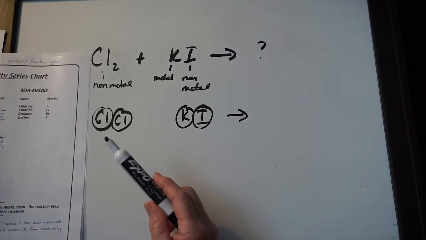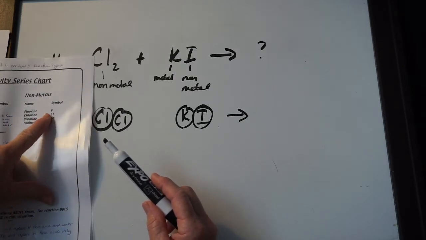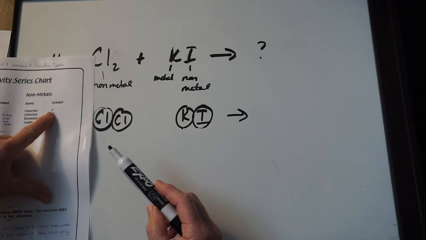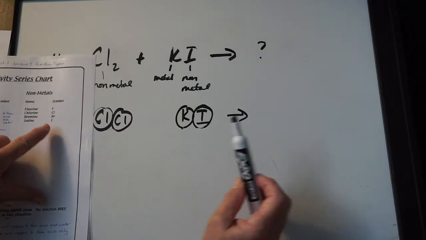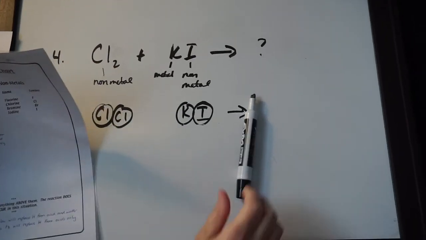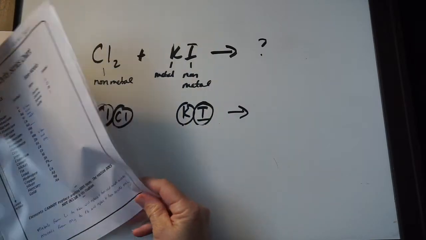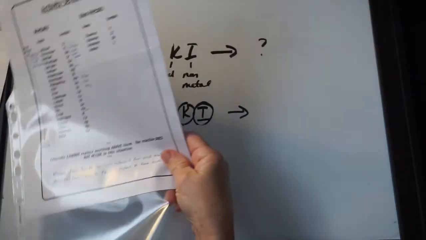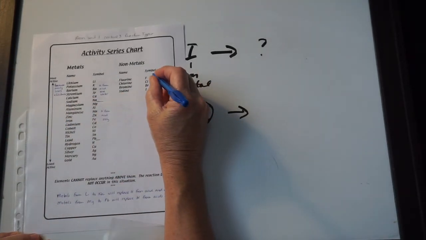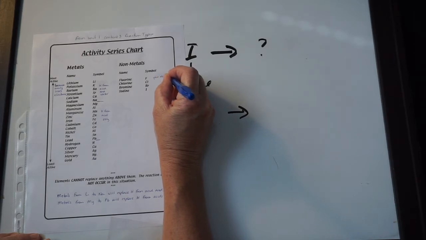And very similar to the metals, at the top, they're going to more easily gain electrons than the iodine. Because remember, and this is actually something we could add right now to the sheet. Let's do it. So this is gains electrons easily.